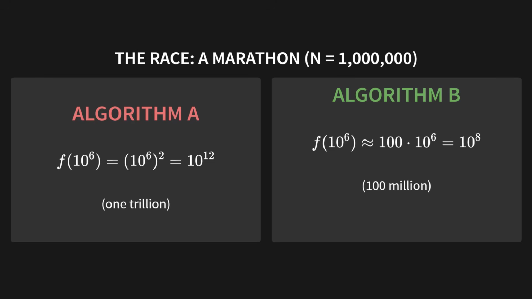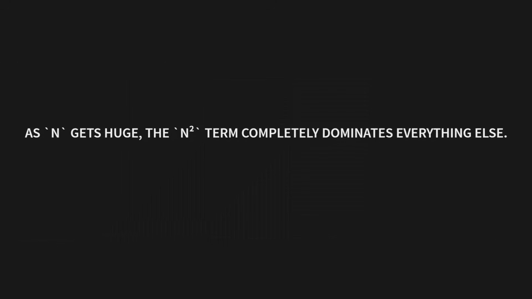Now look at algorithm B. Its runtime is approximately 100 times 10 to the 6th, which is 10 to the 8th power, or 100 million. It wins by a landslide. As n gets huge, that n squared term completely dominates everything else. Asymptotic analysis is the formal study of this long-term behavior.